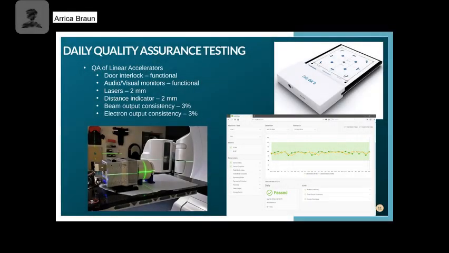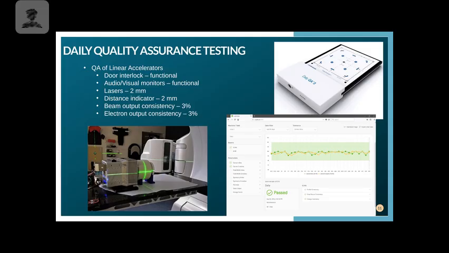So then moving into our quality assurance for the linear accelerator, we do have other things we have to evaluate here. So our door interlock, we have to make sure that's functional. So that means that when I hit the button, it actually shuts, and also that my monitor or system knows that it's shut and it says that it's locked. If it doesn't lock for some reason, or if your machine starts to let you expose before your door is locked, that's a problem.